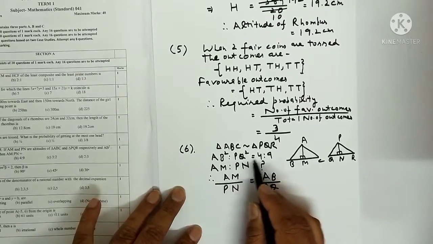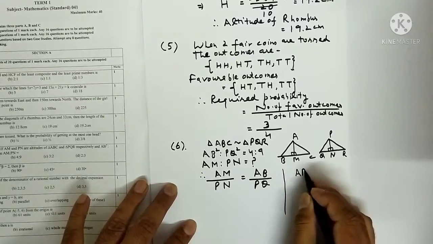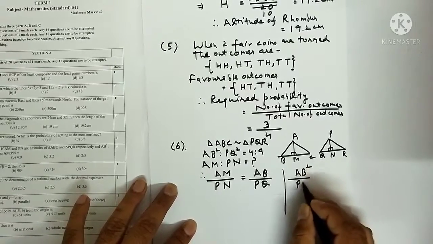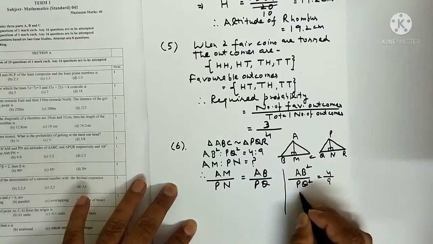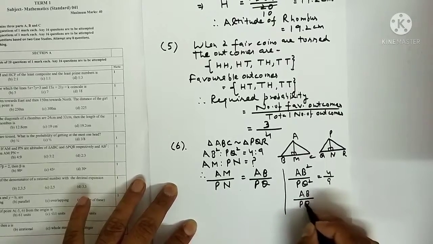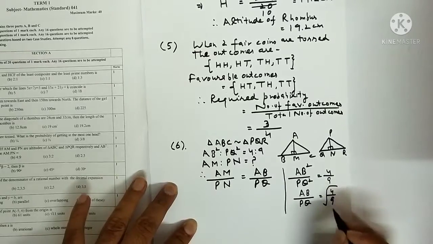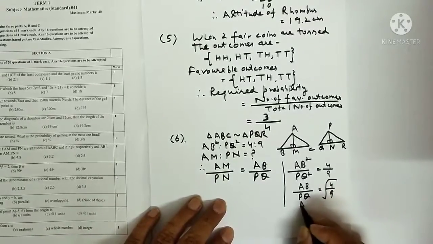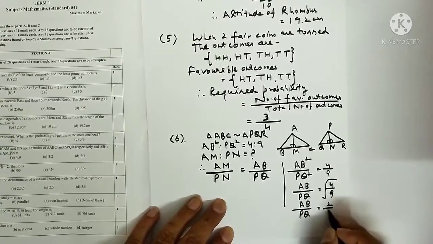Here you are given AB square ratio PQ square. So see, this is AB square upon PQ square. It is 4/9. So we can write AB upon PQ, it is 4/9's under root. So AB upon PQ will be equal to 2/3.